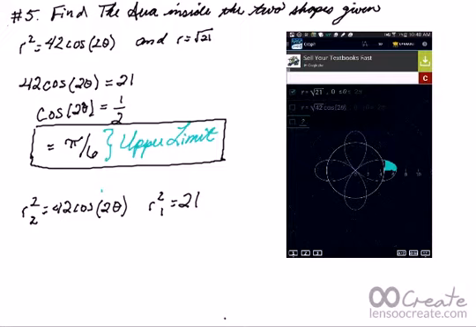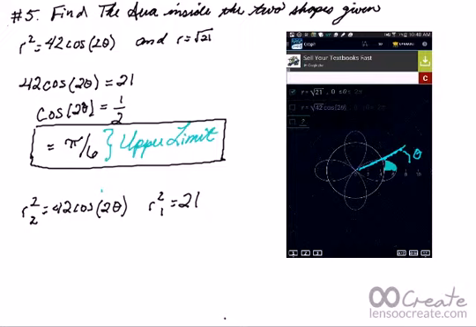And then the next theta is going to be this angle right here, where the two graphs intersect. We'll call that theta. Once we solve for that, that'll be the upper limit of our integral for finding the area between these two shapes.